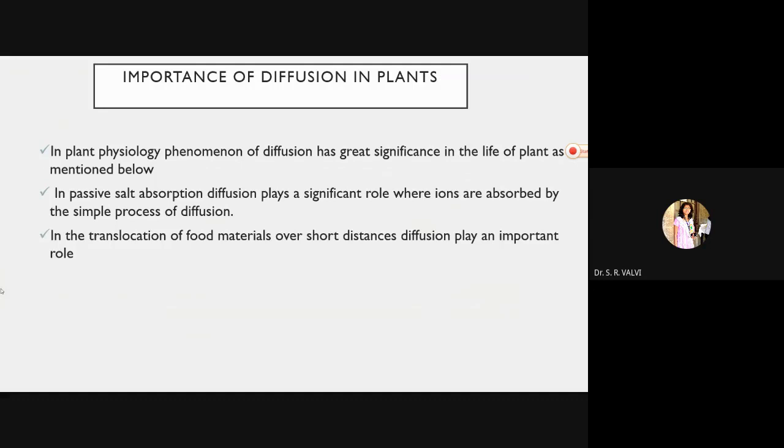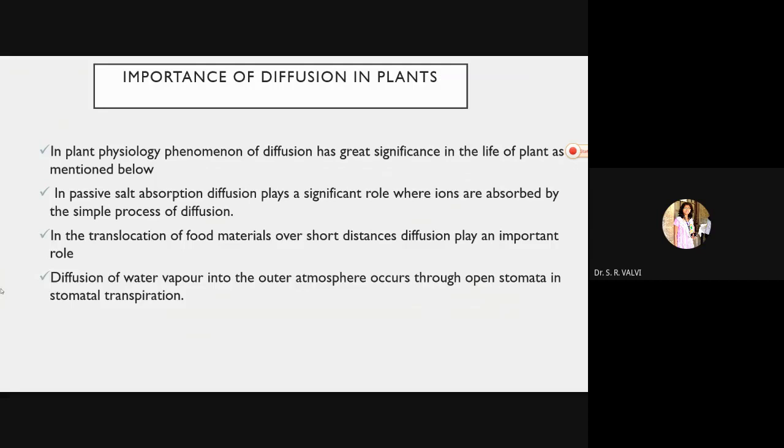So from the source, where the food material is more, the food material is translocated towards the sink. Over these short distances, diffusion plays a very important role. With the help of diffusion, the translocation of food material from the source towards the sink takes place.